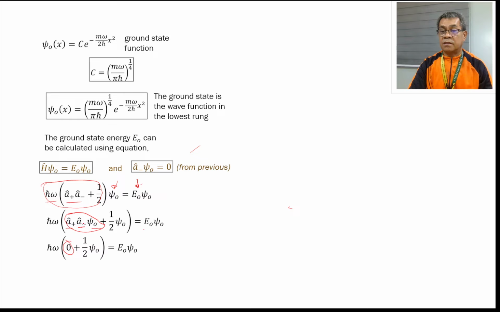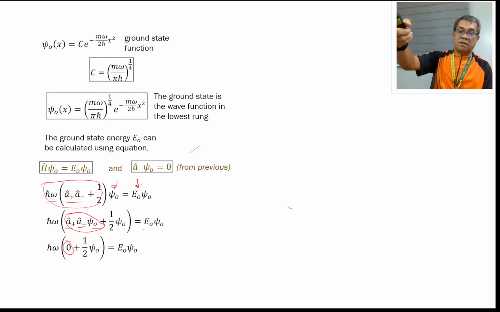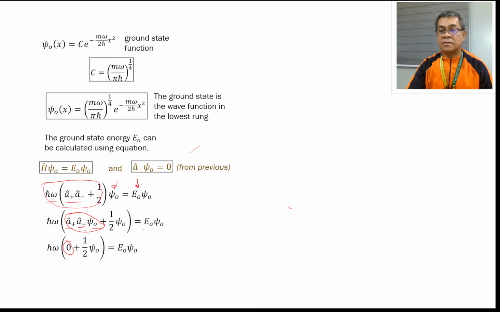Remember that if you let this act on that function, it will provide a function, so we can still act the raising operator. But the lowering operator acts on the ground state, which is the lowest rung. This is zero. There's no rung below the lowest rung. So the raising operator acts on zero, that's why this is zero. So we are left with this term only.